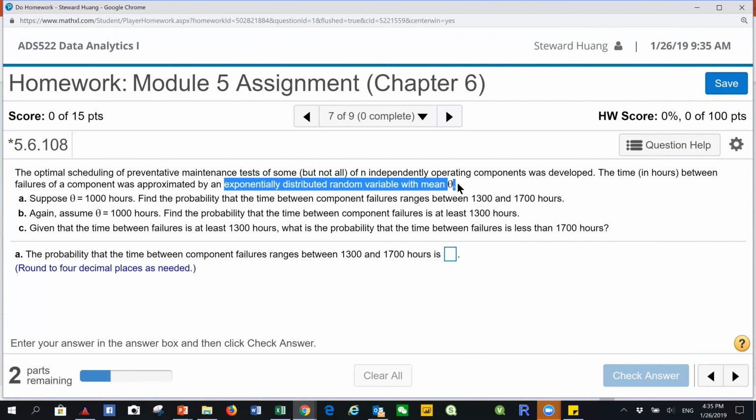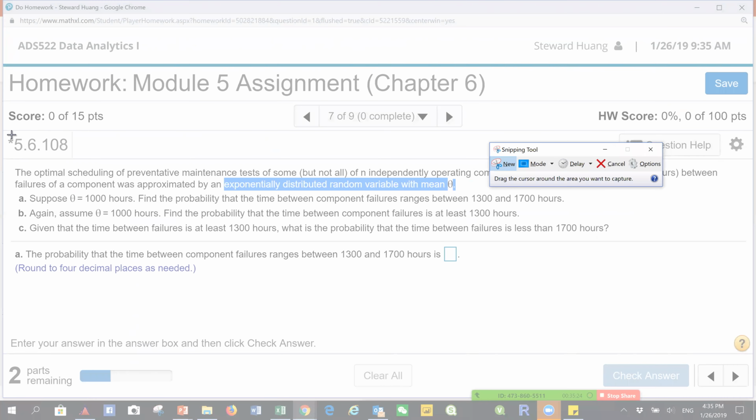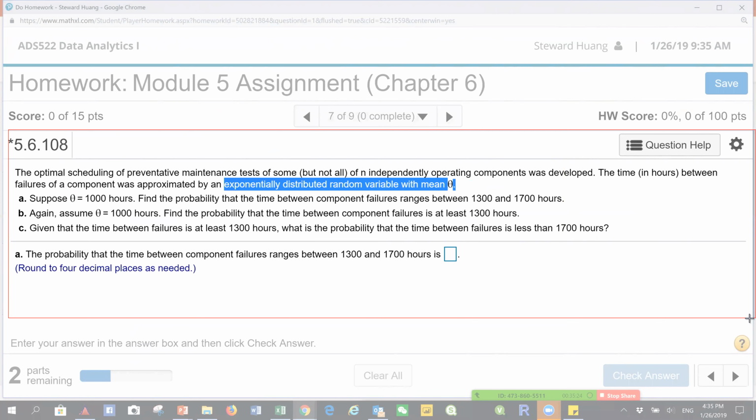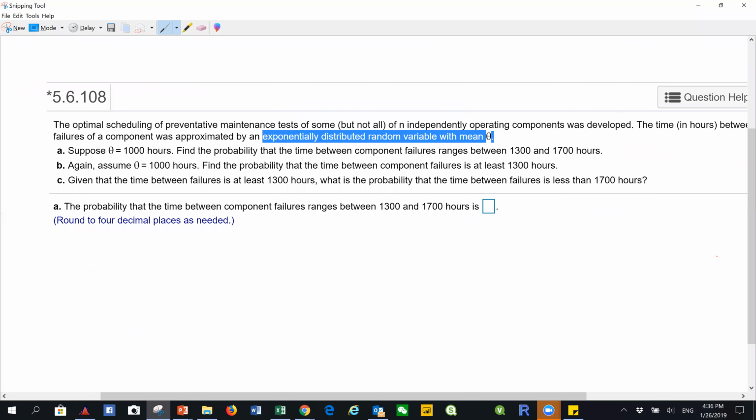So what is the exponential function? The exponential function goes like this. Okay, this is the exponential function starting at 0. The normal distribution goes from negative infinity to positive infinity.